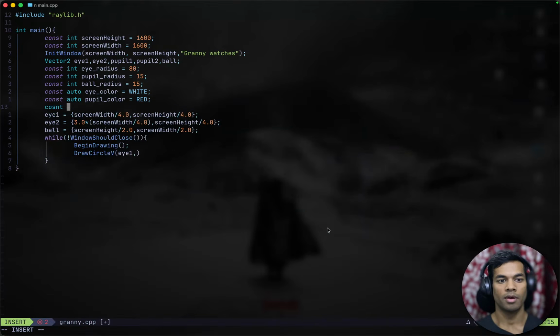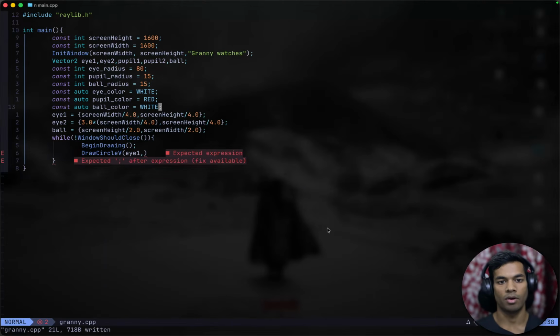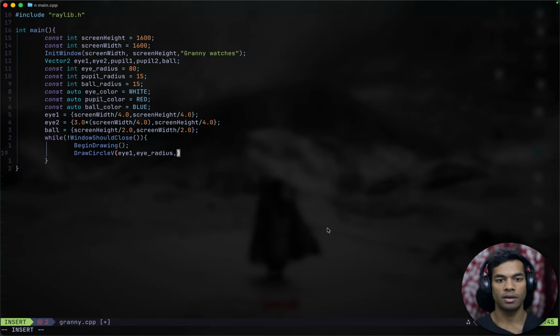Okay, const auto ball color would be white or blue. The red eyes are watching the blue ball. That is nice. And the radius would be eye radius and eye color.